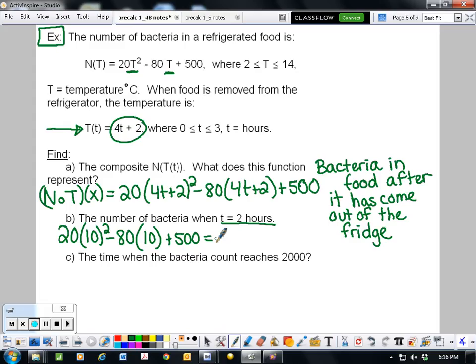So this is going to give me 20 times 100 minus 800 plus 500, which gives us 1,700 bacteria.